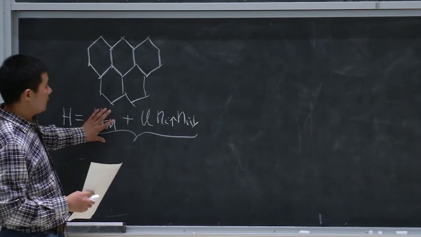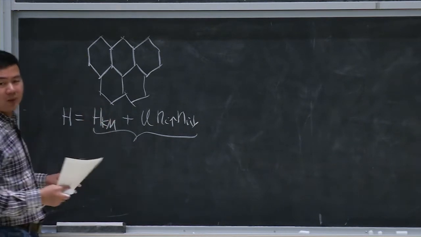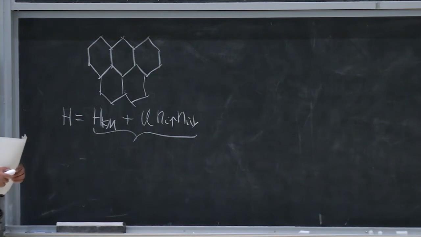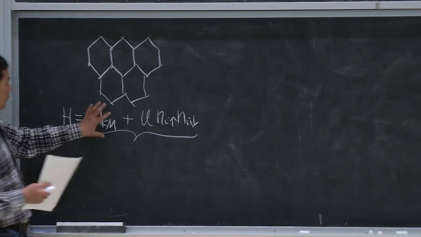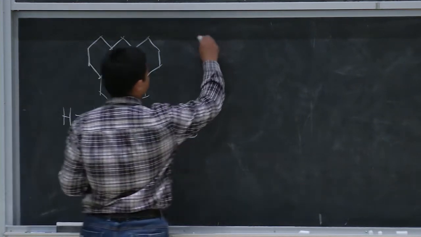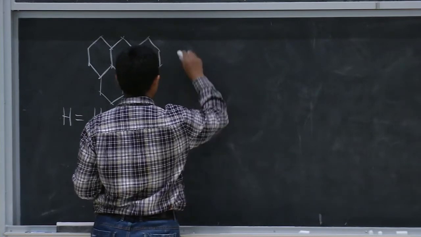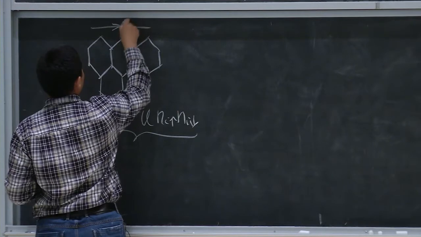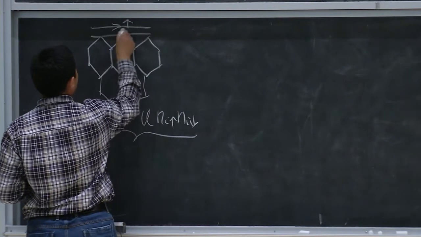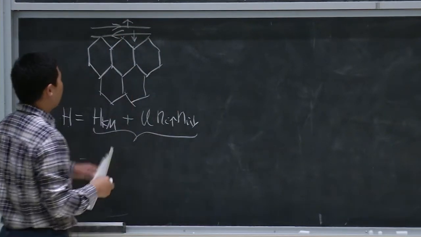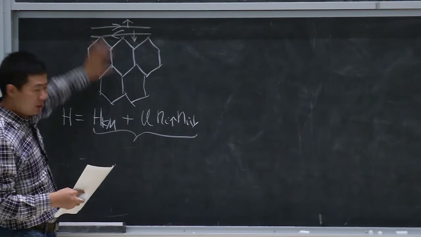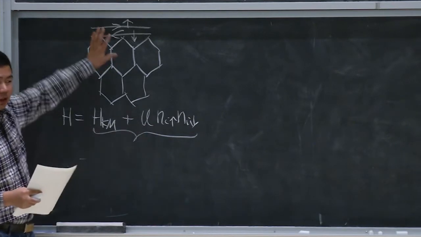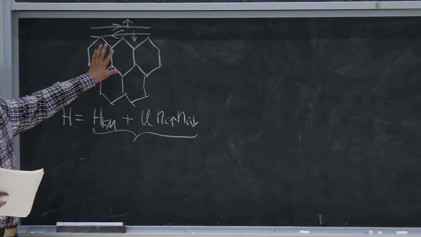And if total Sz is conserved, there is no edge two-particle backward scattering. So the system for this non-interacting part has helical edge modes, right? So this edge has spin up moving to the right, spin down moving to the left. Because of total Sz conservation, even with Hubbard interaction, there is no two-particle backward scattering.